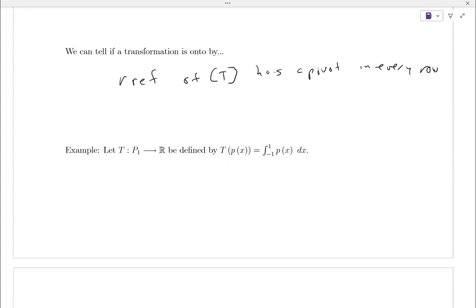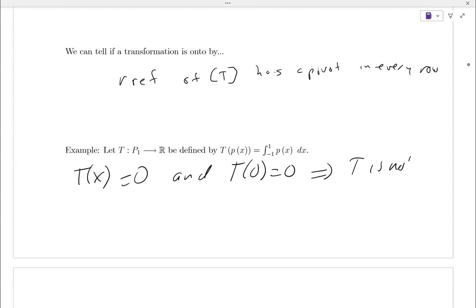One's above the x-axis, one's below it. So T of x is 0, and certainly T of 0 is 0, so T is not one-to-one.